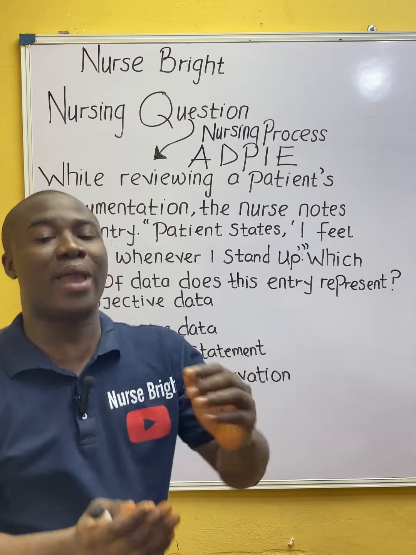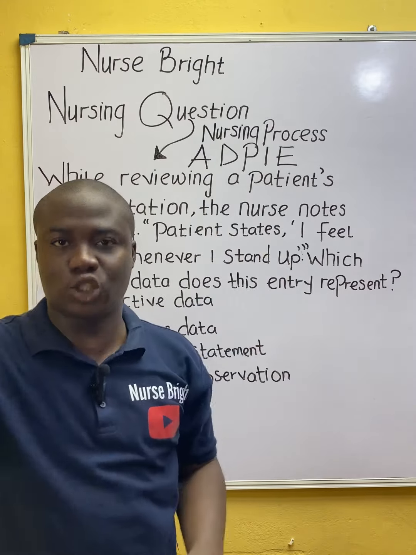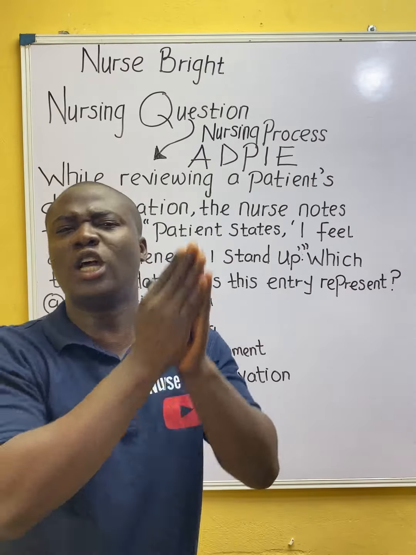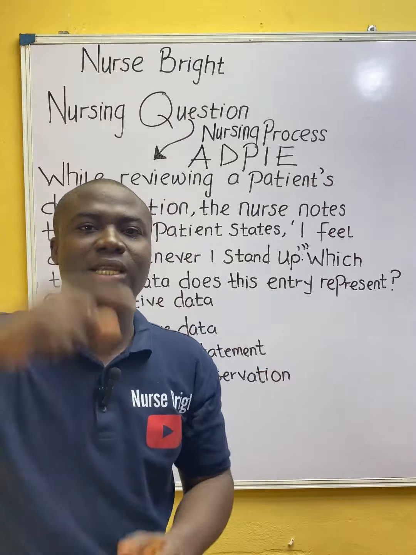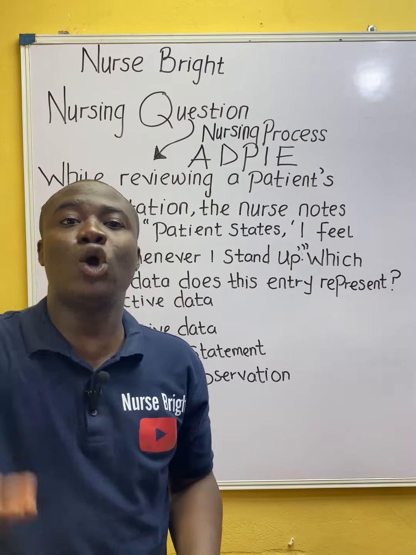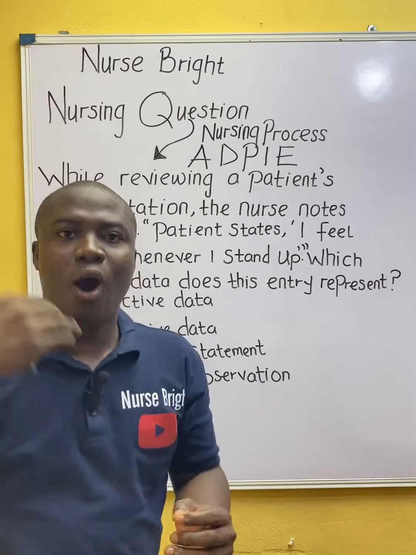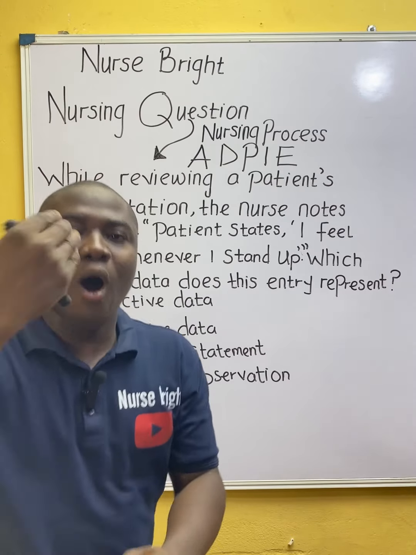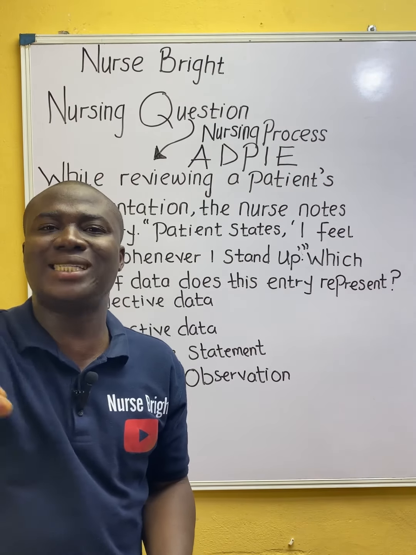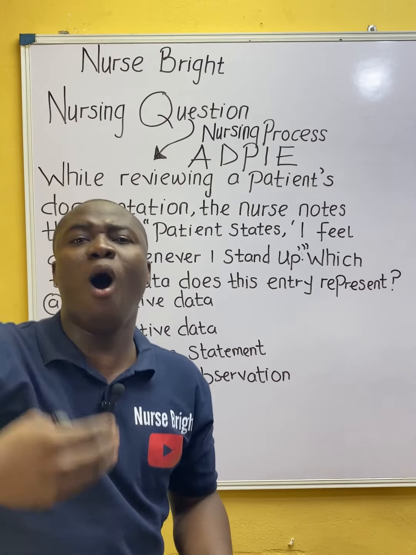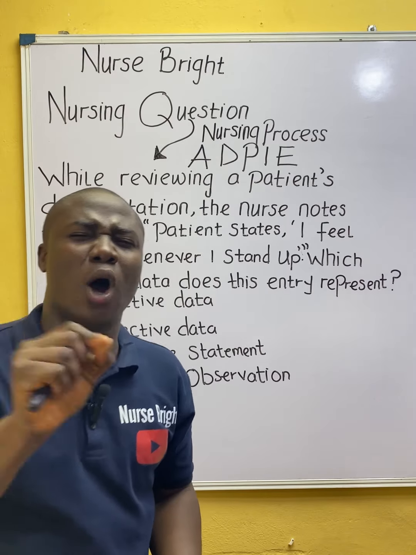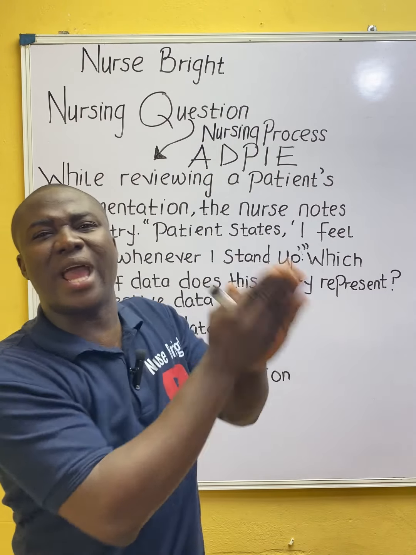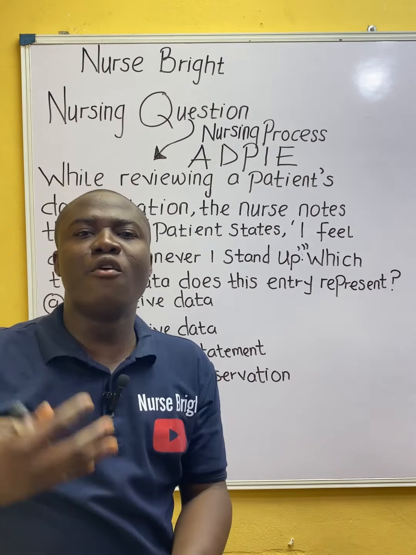I said that we have two types of data, objective and subjective. So what are objective data relating to the nursing profession? Objective data are those data a nurse observes or measures, whereas subjective data are those data that the patient says or reports.